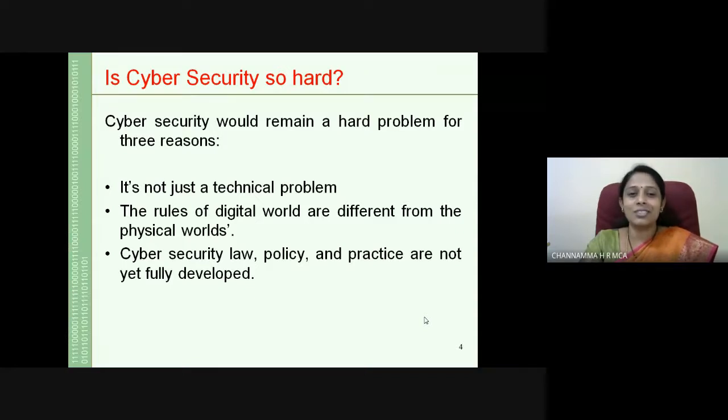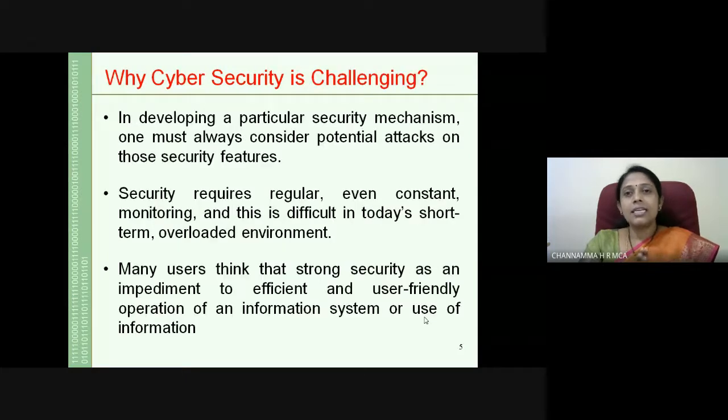Only the user has to be aware of what he is doing and what he has to do. And there are many other challenges along with this.